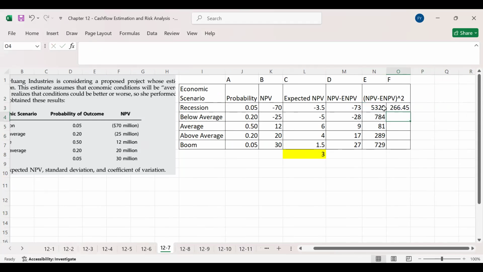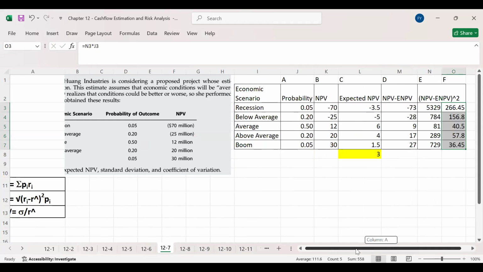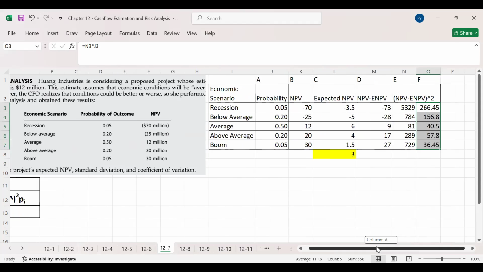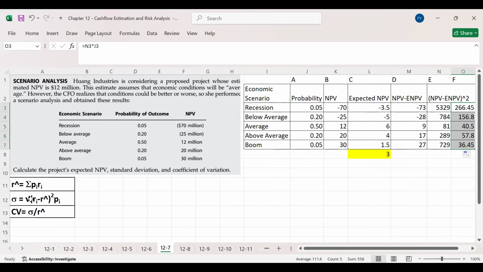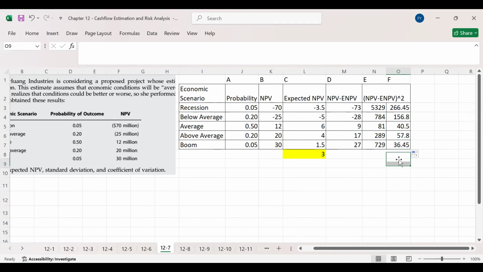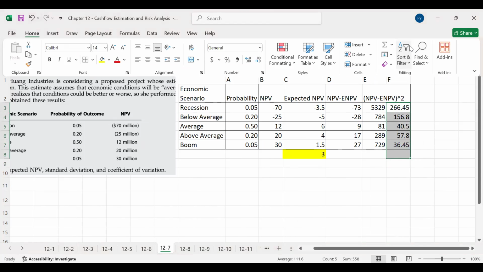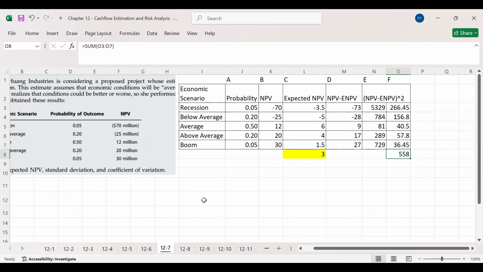We apply it under each scenario, and then we add all of these, which is the summation.